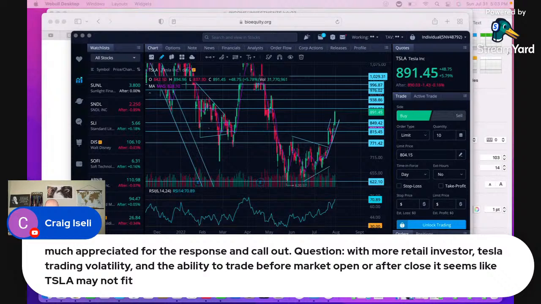With more retail investors, Tesla trading volatility and ability to trade before. So yeah, that's another point too: Tesla does have more retail investors than any large cap company out there right now. It's significant. And part of that is because they do not have an investor grade rating yet for their credit rating.